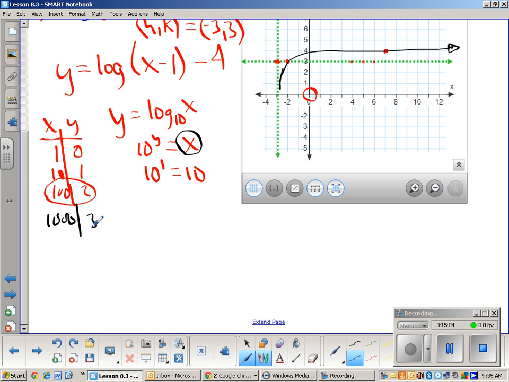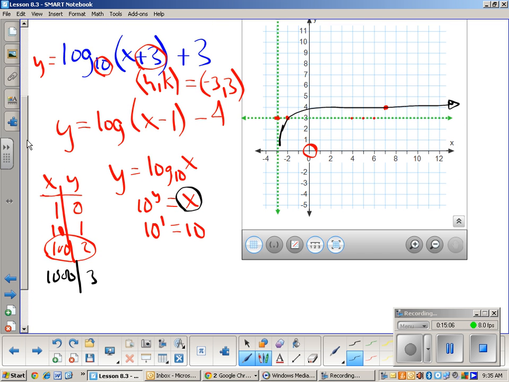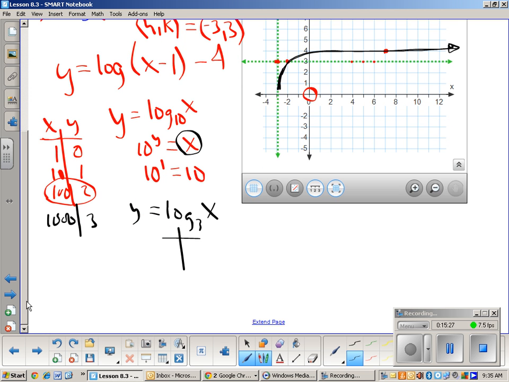So to graph these, what I want you to understand is that the basic shape is this. That's the basic shape. Now if I had a base 3, if I had log base 3 of x equals y, then my chart's going to look just a little bit different. I'm going to have 1, 3, 9 to get my 0, 1, 2.